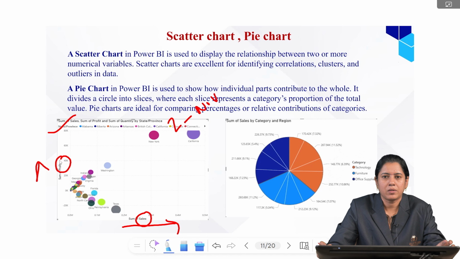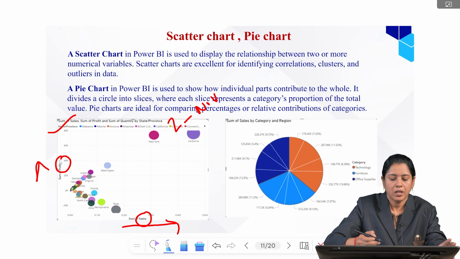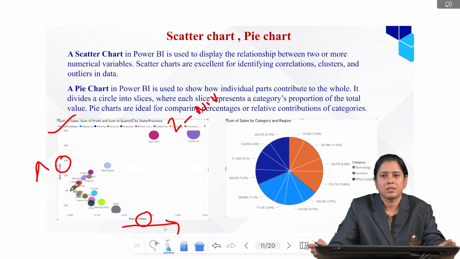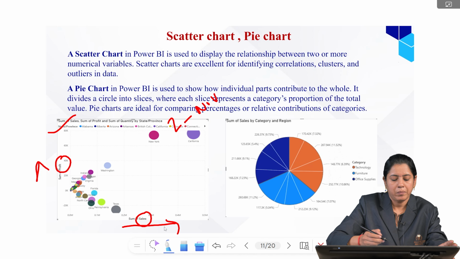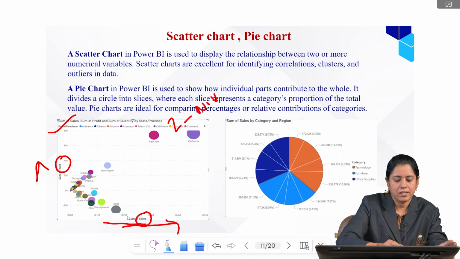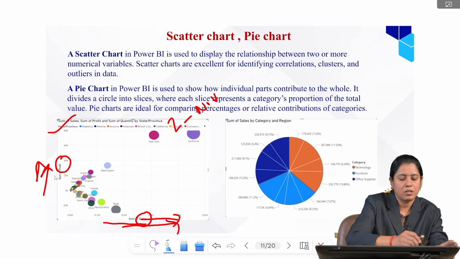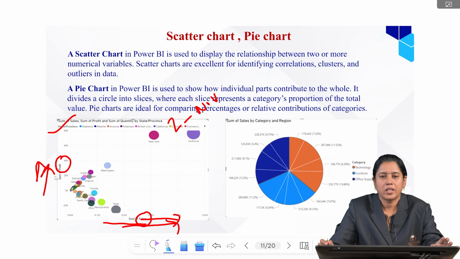Two variables are required to draw the scatter plot, both must be numerical. The chart gives us the relation between the two numerical variables. For example, if sales are increasing, are profits also increasing or not. That type of information is given by the scatter plot.